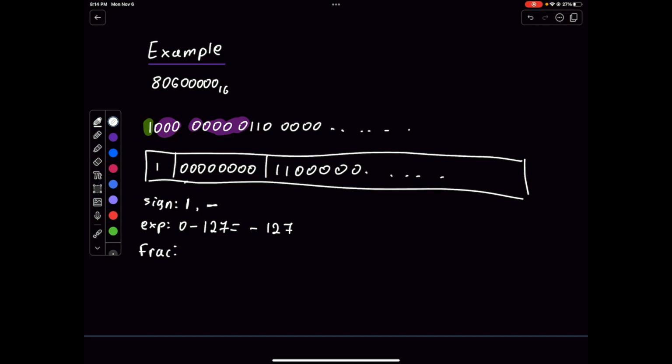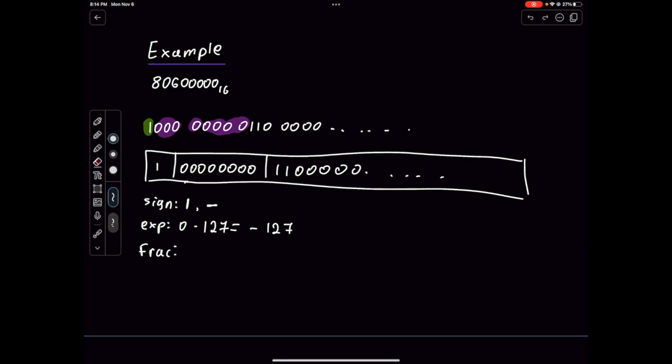But this is not correct, because when the exponent is all zeros, this is used both to indicate the zero numbers and for the denormal numbers, right? So what we want to do in this case, that value is not used like this.